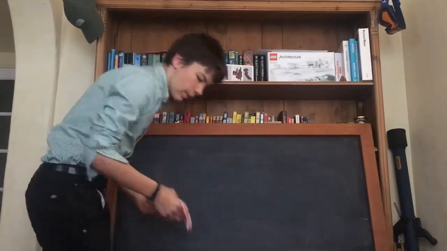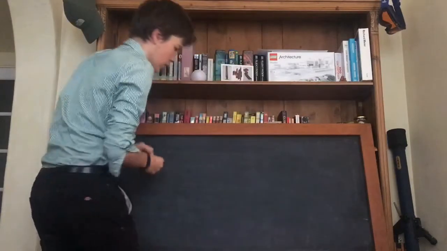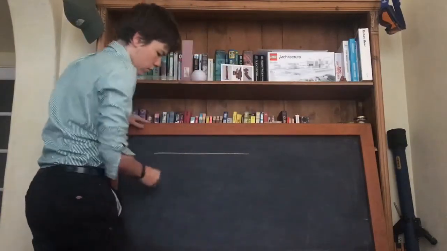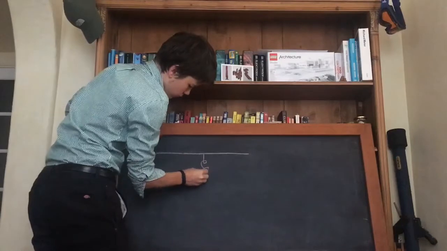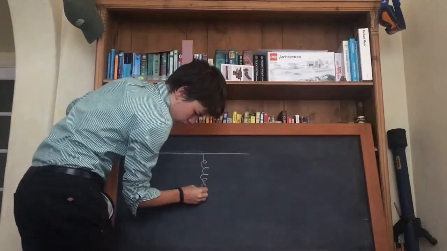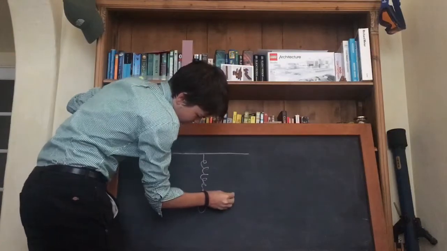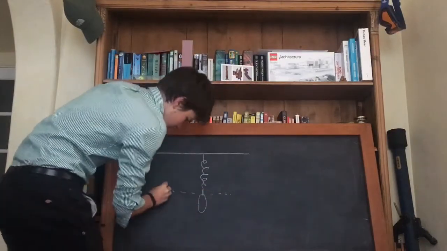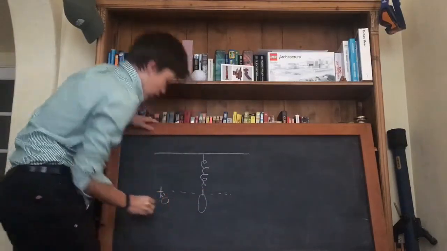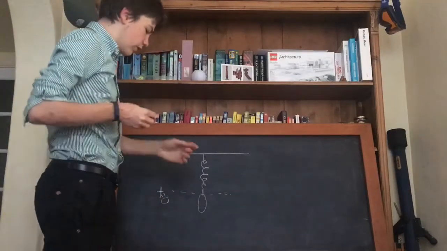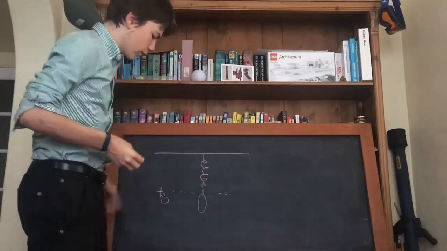Now let's take a look at problem number 34. So here we have an oscillating spring system hanging from the ceiling with the reference point at x equals 0 here.